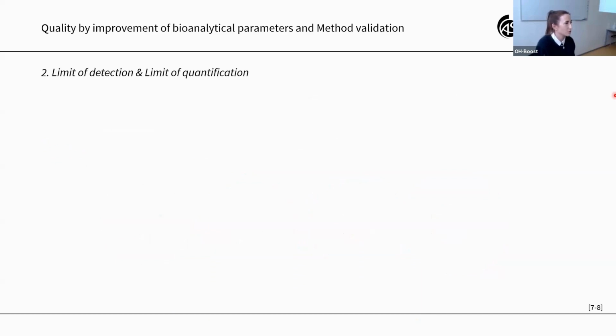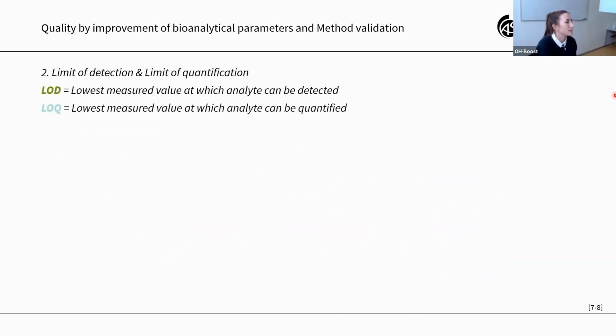So the next parameter I want to show you is the limit of detection and limit of quantification, short LOD and LOQ. It is defined as the lowest measured value at which an analyte can be detected or quantified. And this is a value that you can calculate as the 3.3-fold or 10-fold standard deviation of the blank plus the average of the blank.